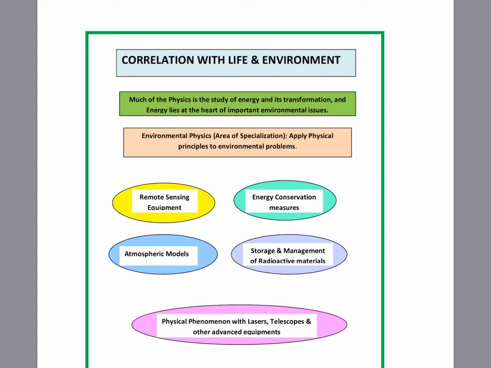Physical science knowledge is applied to solve the environmental problems. So we can say physics is a pure science, and it is directly related with the environment. And since it is related with the environment, it is directly related with human life also, and also other living organisms.